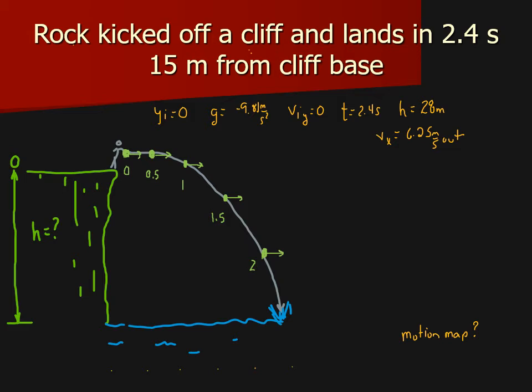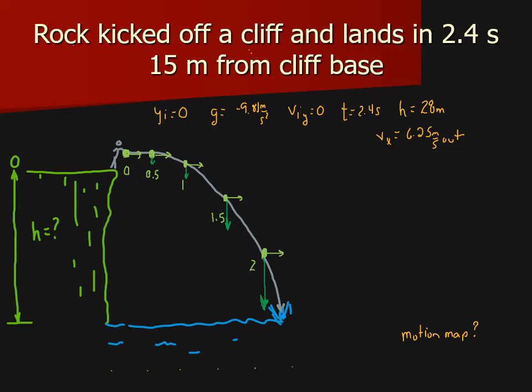Now, there's an interesting thing here in the fact that we have vertical velocity. Up here at 0 seconds, we had no vertical velocity at all, but at 0.5 seconds, we had just a little bit. At 1 second, we had a little bit more. At 1 1/2 seconds, we had a little bit more. And then at 2 seconds, we had a lot more.